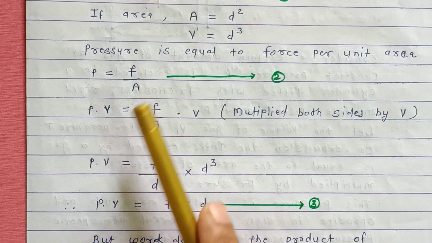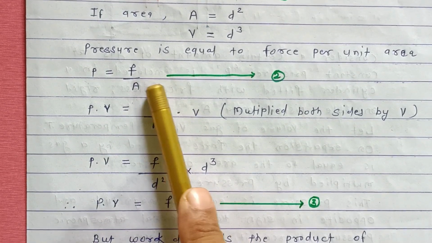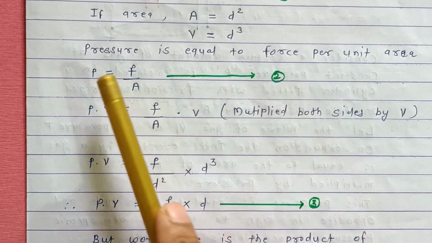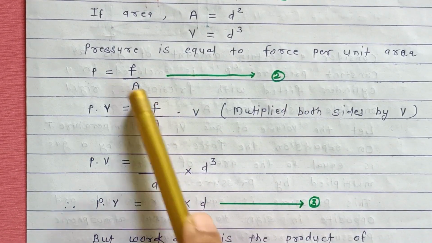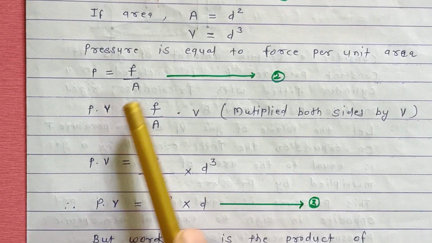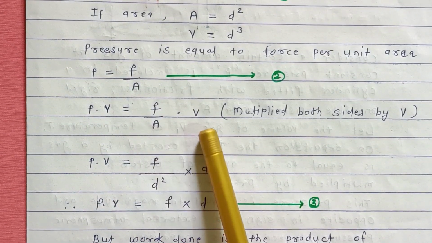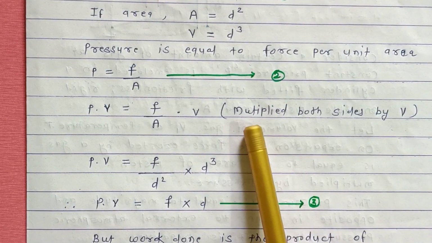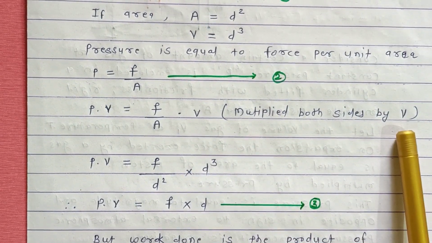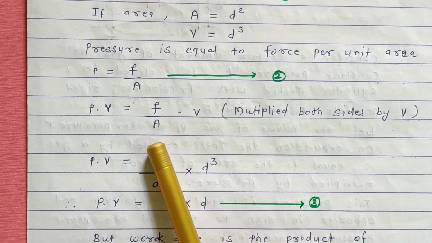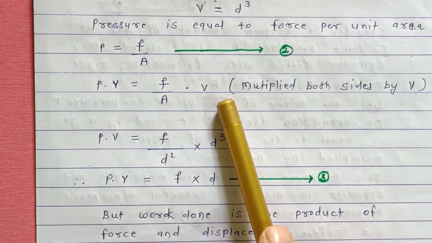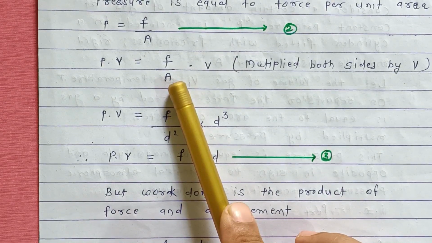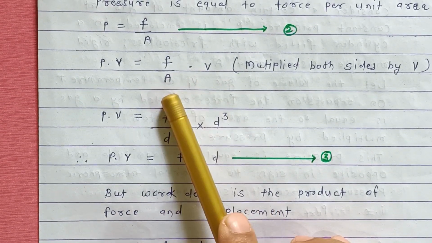Now for solving this, we are multiplying equation number 2 by V. What is our equation? P is equal to F upon A. So P multiplied by V on the left hand side, and F upon A is multiplied by V. Equation number 2 is multiplied by V on both sides: P into V is equal to F upon A into V. Now we are placing the values of volume and area.